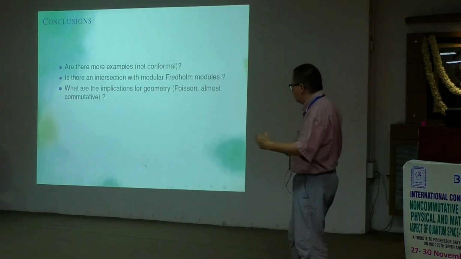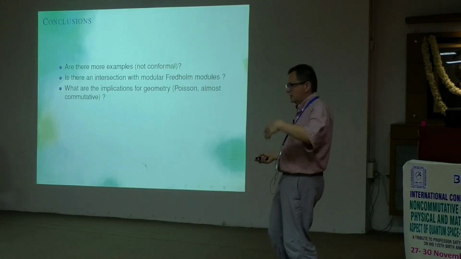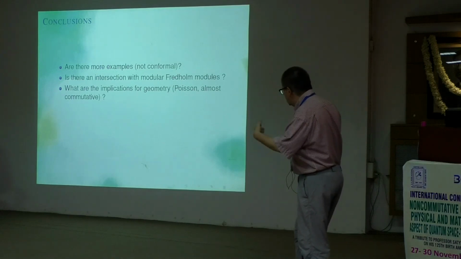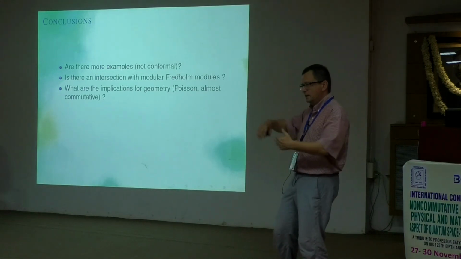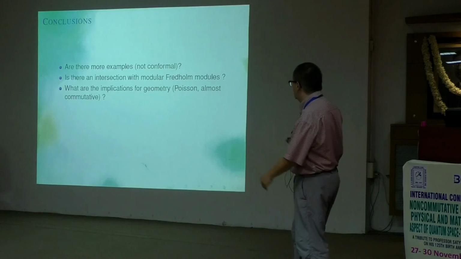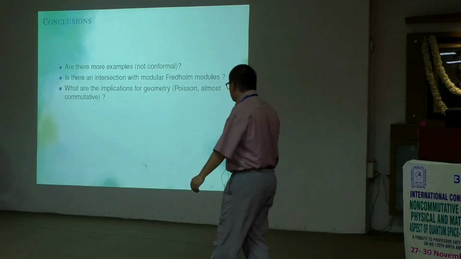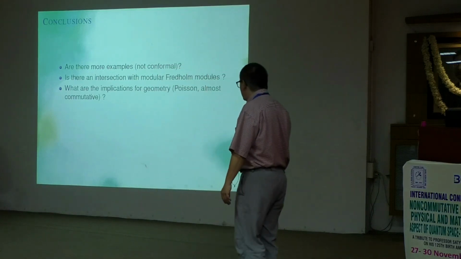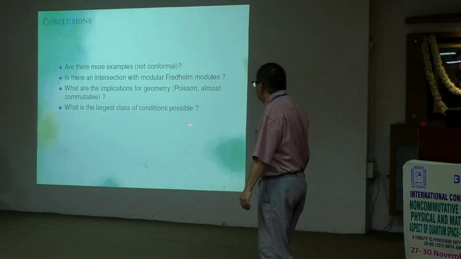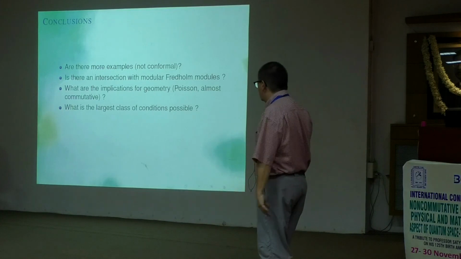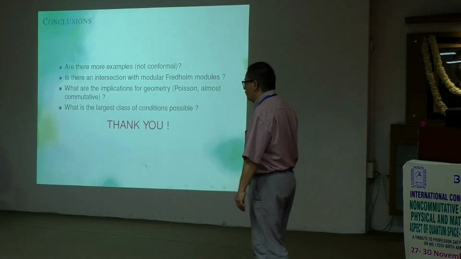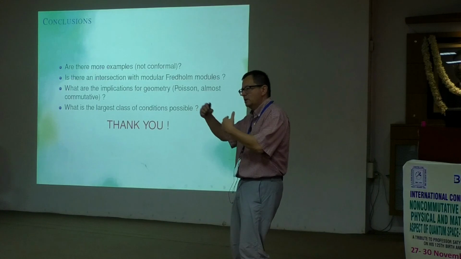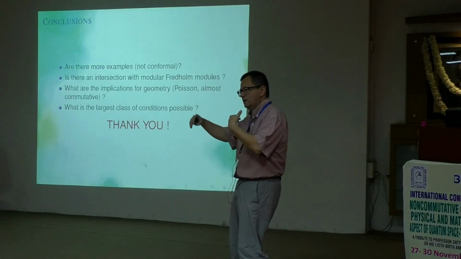Okay, there's a no-go theorem, but on the other hand, one should be able to deform things and make geometry rigid. So that was partially the answer, and that was the motivation when we started to work on this thing. And maybe this is the good question: what is the largest class of conditions that's possible? So how to explore the examples that haven't yet been explored.